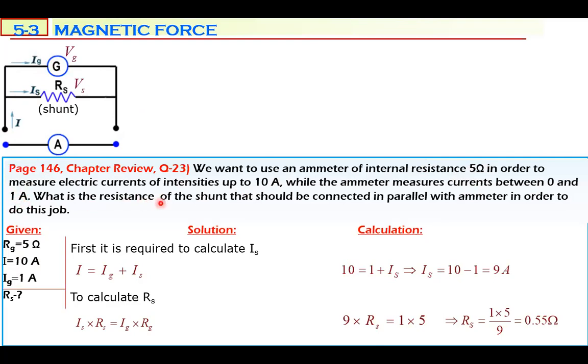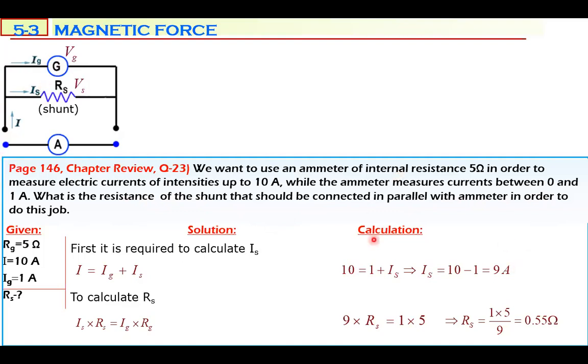What is the resistance of the shunt that should be connected in parallel with the ammeter in order to do this job? 10 ampere main current is coming, but only 1 ampere must pass through the coil, which means 9 ampere must pass through the shunt, which is 10 minus 1.